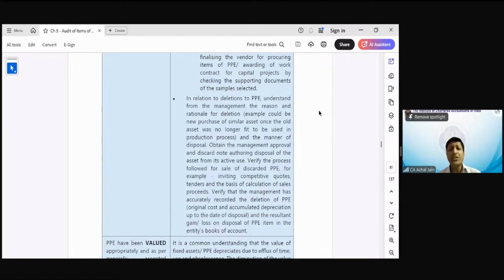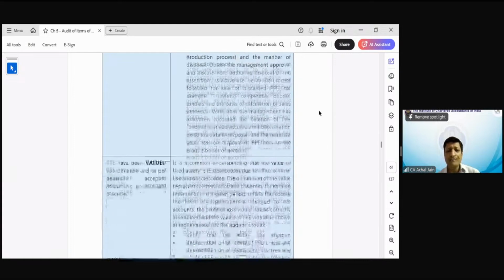Similarly for deletions, the supporting documents will have to be looked at. Deletion means the reduction in the value which would arise due to depreciation. So the depreciation workings, the useful life assessment, and the residual value assessment are also required to be reassessed at every reporting date. Whether there are any indicators which require the useful life to be reassessed and changed, and whether that has been done by the management or not. Again, these are some of the procedures around the useful life or the residual values.